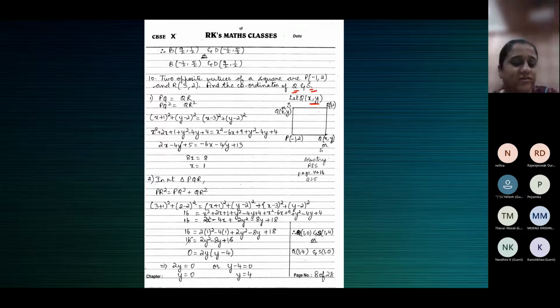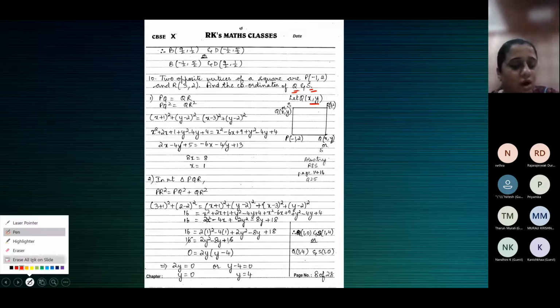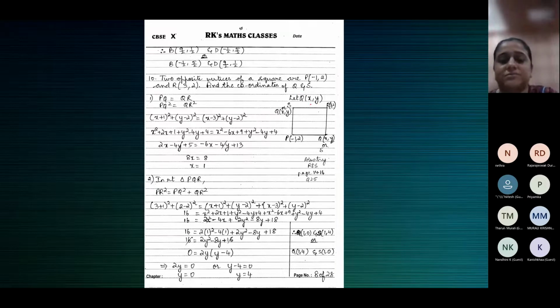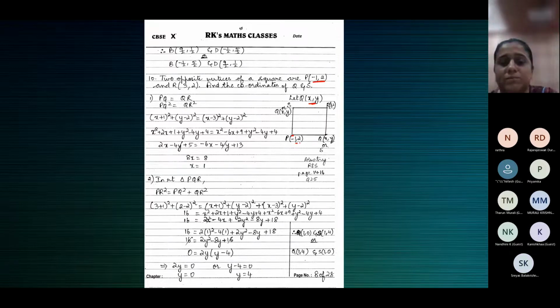You don't have to assume for S. You can see here, children, P is (minus 1, 2), R is (3, 2). Q can come here or here. If this is Q, S will be here. If Q is here, then S is here.